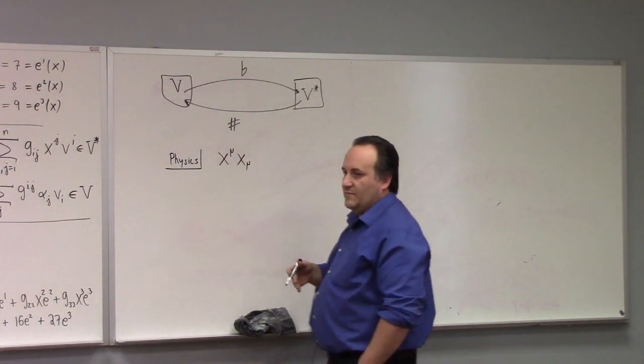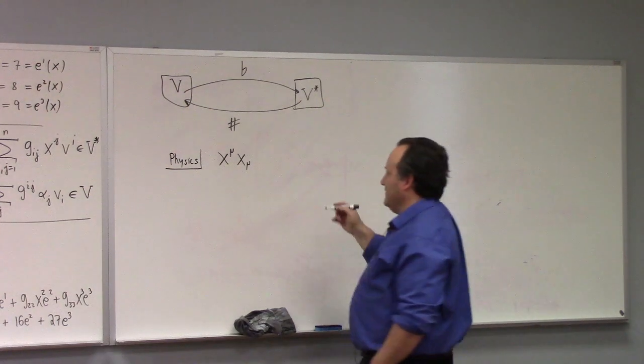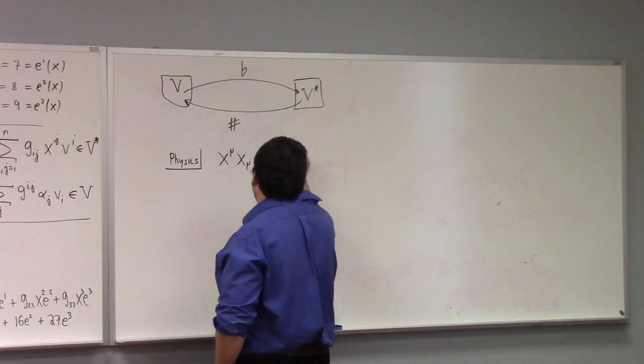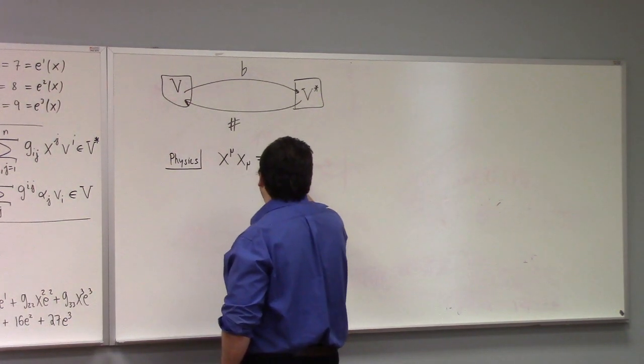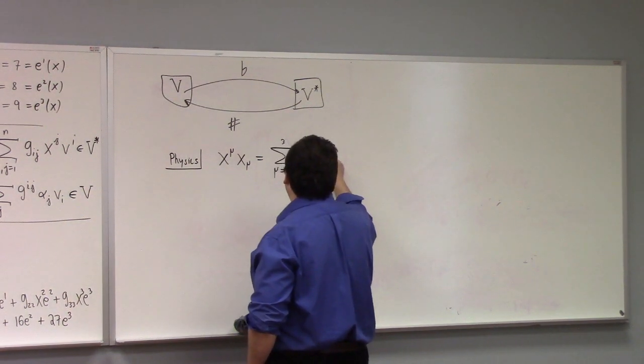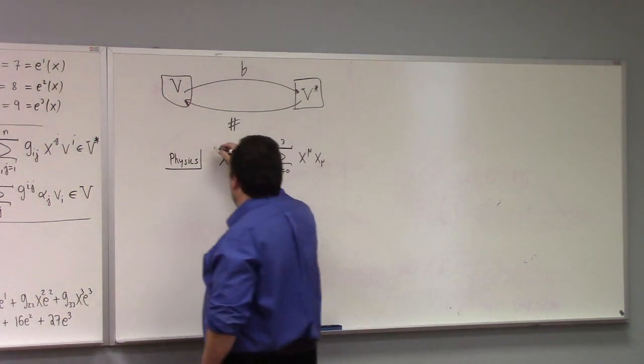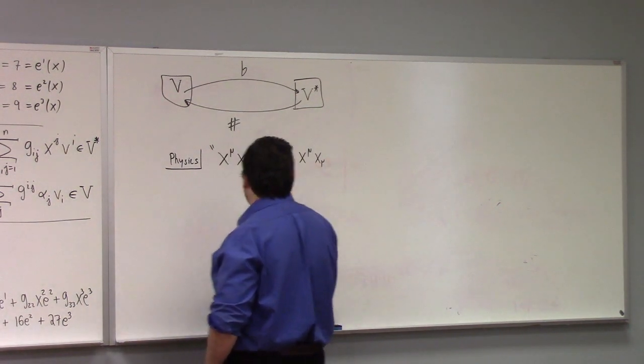If the index is repeated, that means it's summed over. So this is actually just a notation for the sum mu equals 0 to 3 of x mu, x mu. I'll put some quotes around this because we don't do this. This is physicists, you know.